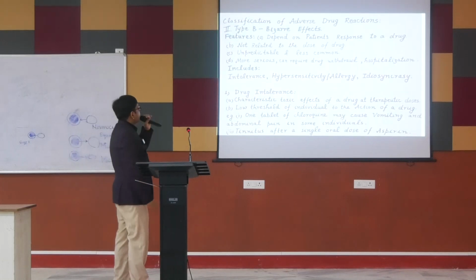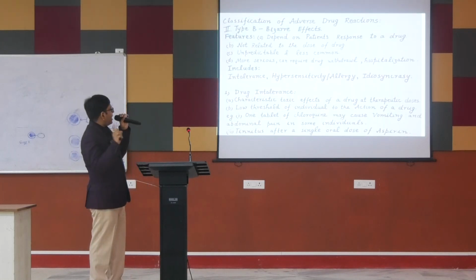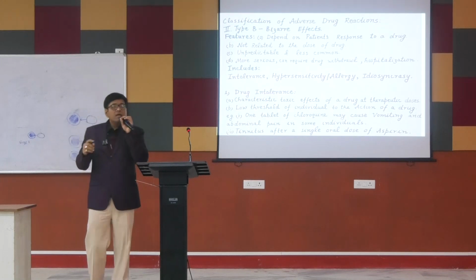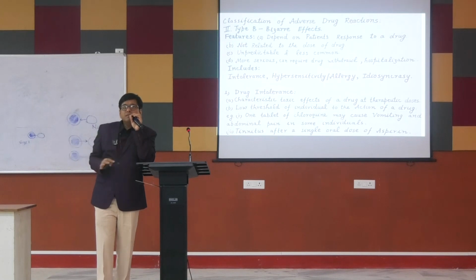Next is B. So side effect A is gone, augmented. B is bizarre. Bizarre side effect means in general patients it does not occur. Okay, it occurs in selective patients because of some variation in the patient's body. All the patients will not have bizarre side effects.